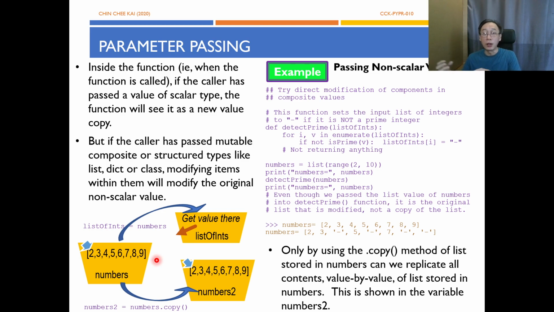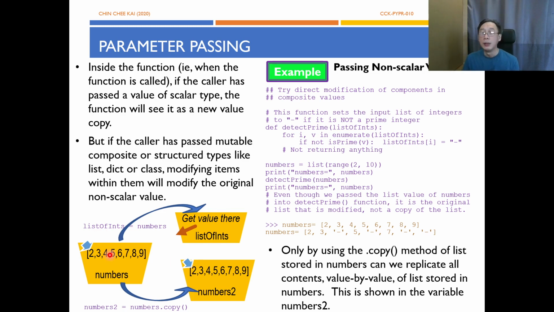The dot copy makes a memory copy of it, thereby creating a new pointer wherever necessary. So when we pass in the copy, Python will make a pointer because it's a list. It's a copy, but it's also a list. So Python will make a pointer to the copy version of the list, not the original list.